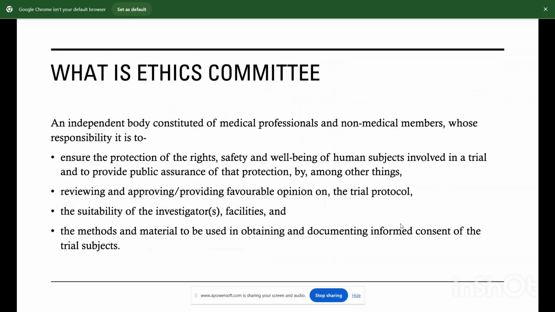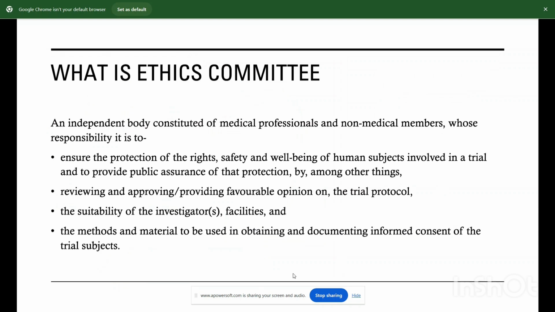So what is the definition of the ethics committee? Basically, it is an independent body which contains medical professionals and non-medical members. So a committee definitely contains members, both medical and non-medical.